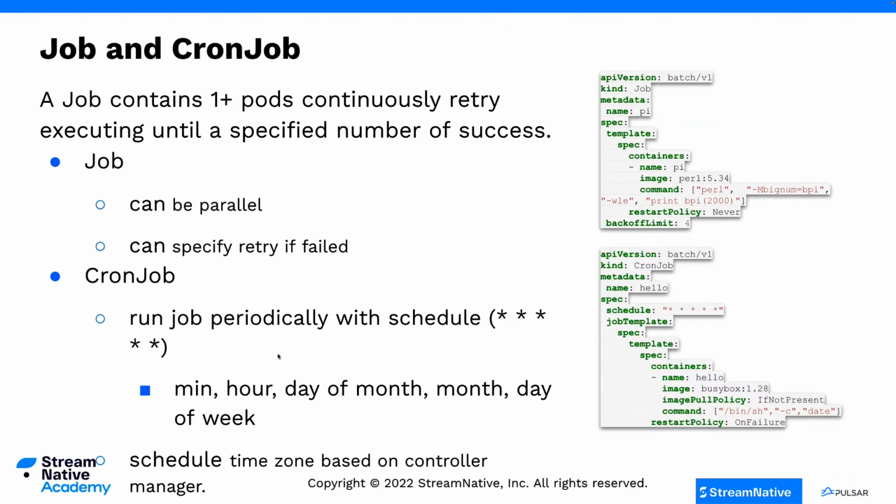You specify the minute, the hour, the day of the month, the day of the week. You can schedule a job to run a specific action, and it will run on that schedule. So Job and CronJob are very useful.